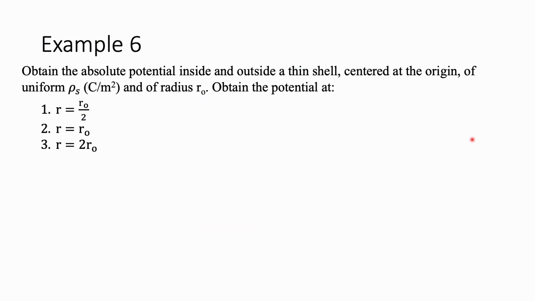Now let's look at the second question, where your r is equal to r naught. This is our diagram, and this is the radius. So our r is located at r naught, meaning it is on the surface of this sphere.